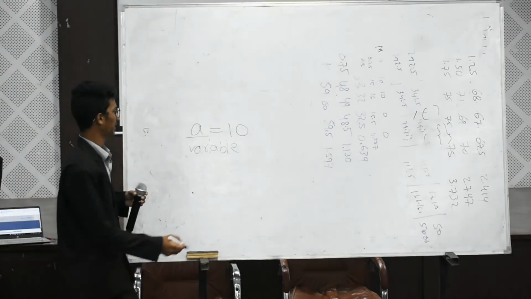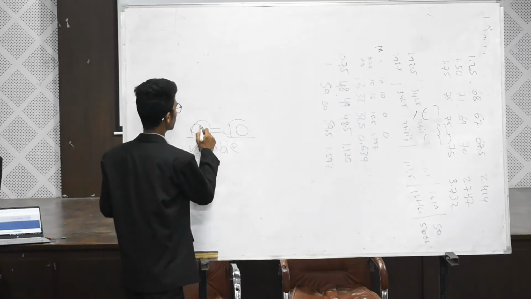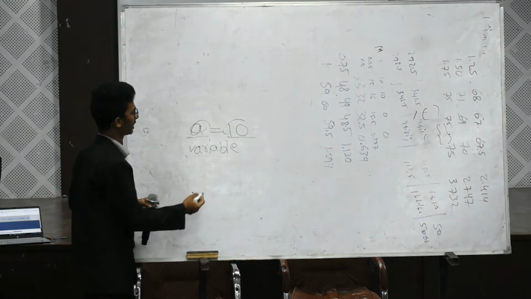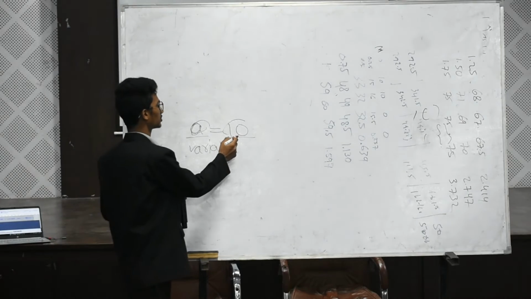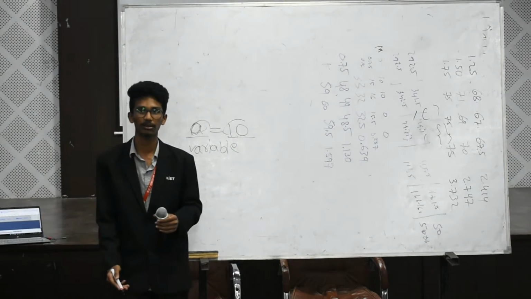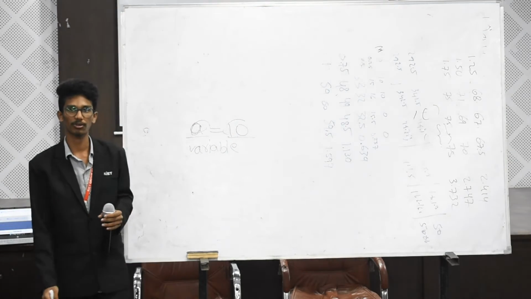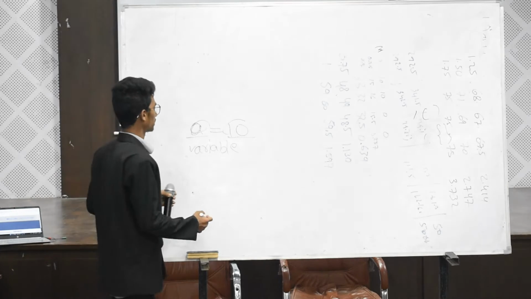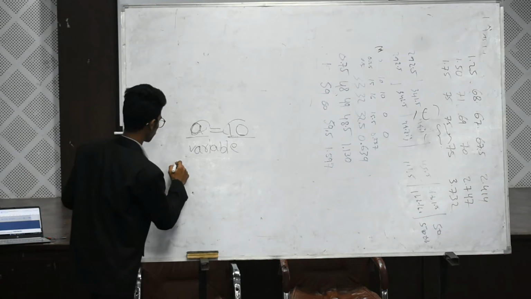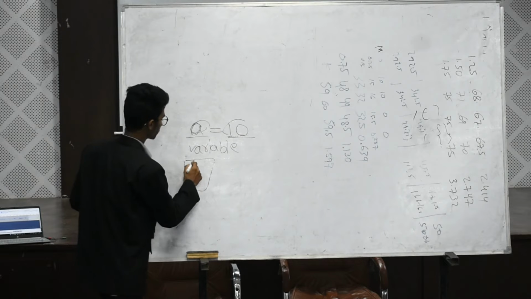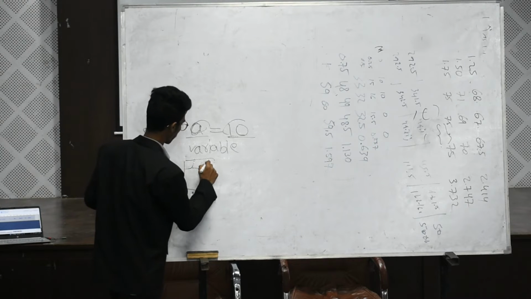Here 10 is assigned to a, so a consists of 10. We have int. Int means 4 bytes. 1 byte is equal to 8 bits. This data is 2 digits, so it consumes 2 bits. The remaining bits are left ahead.